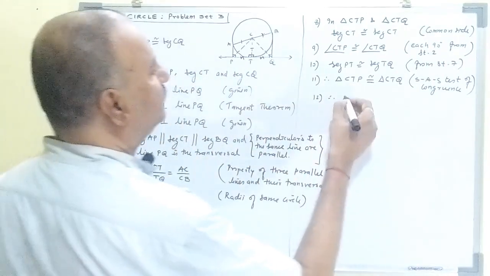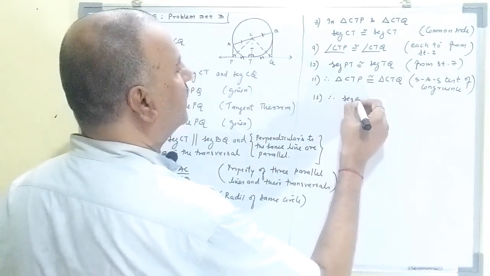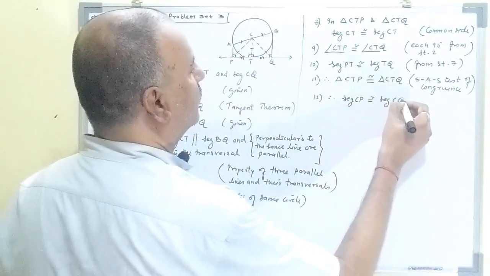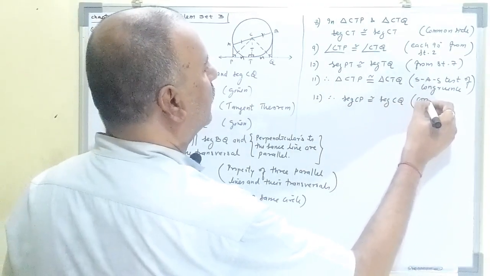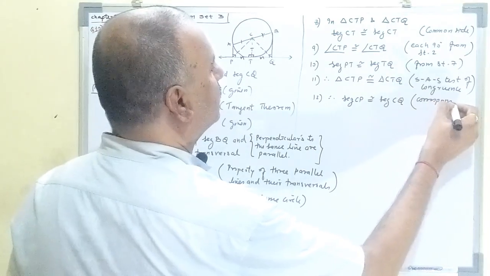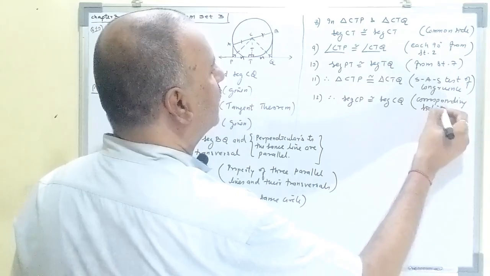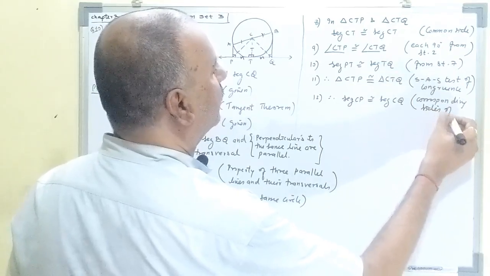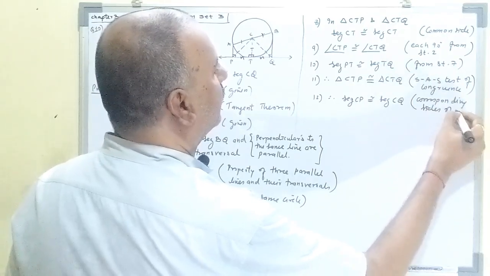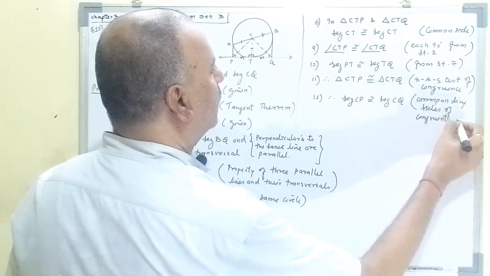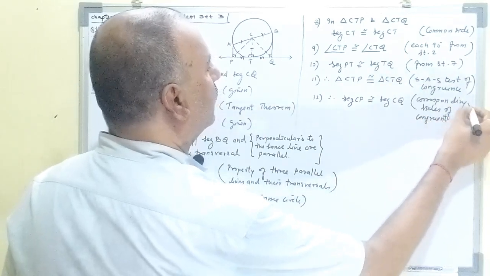Therefore ये seg CP congruent seg CQ, corresponding sides of congruent triangles.